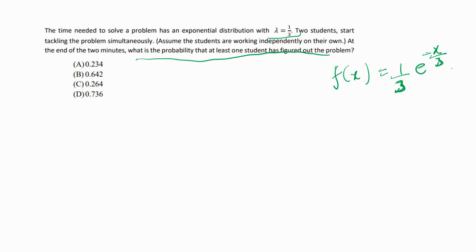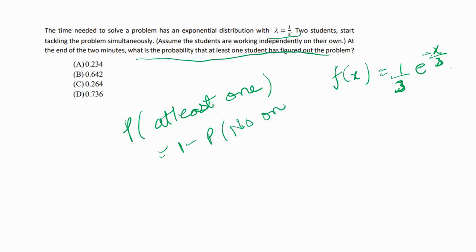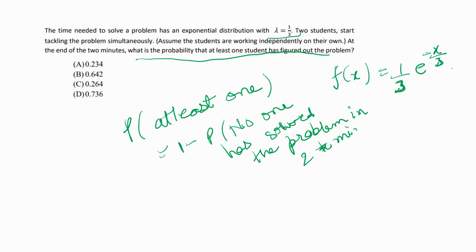Again, we have a question like this: at least one will be 1 minus the probability that no one has solved the problem in 2 minutes.